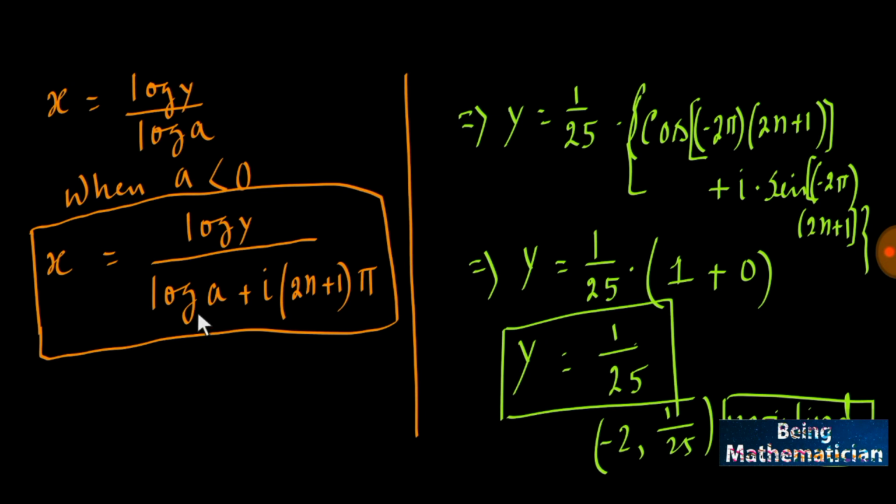So from this we can write x into (log a plus i into (2n plus 1) into pi) equal to log y.